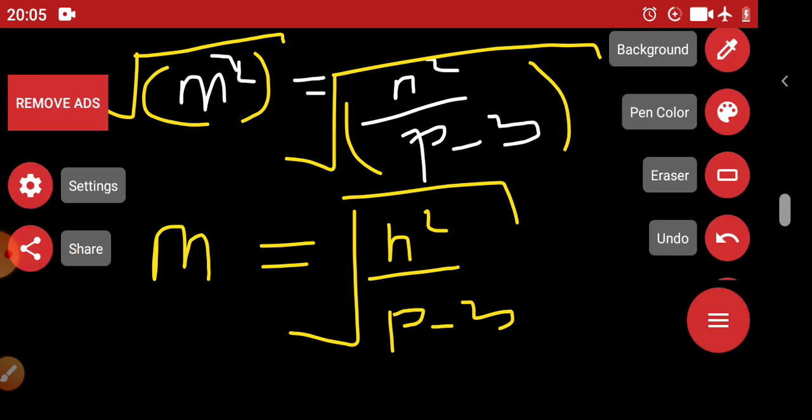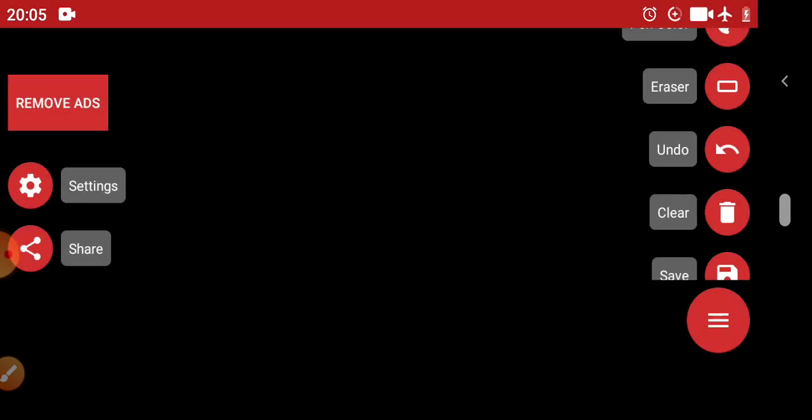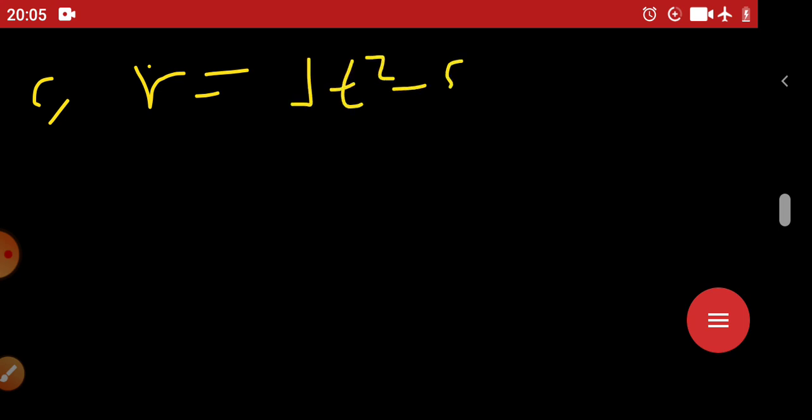So we have made m the subject of the formula. Let's quickly go to C, where we need to make t the subject of the formula. In C we have r is equal to the square root of t squared minus s squared, all divided by t.